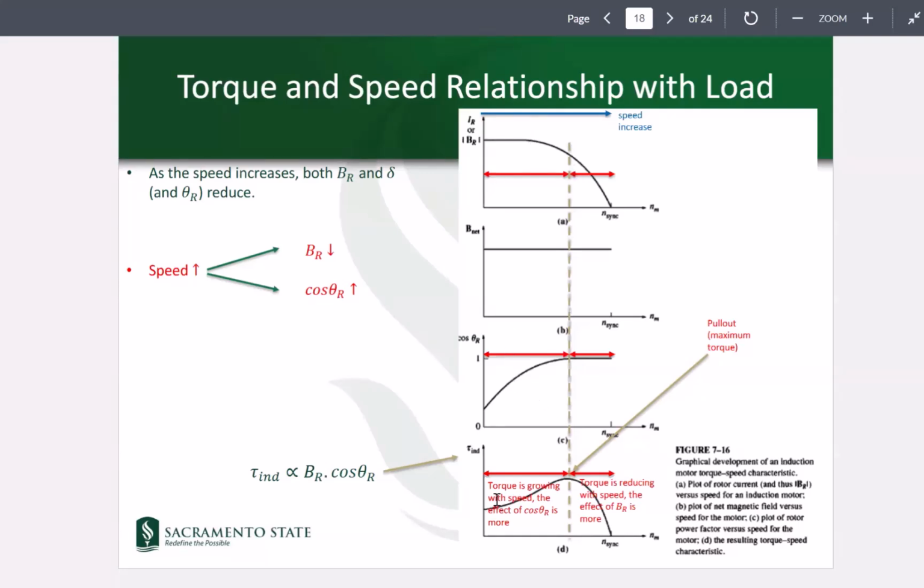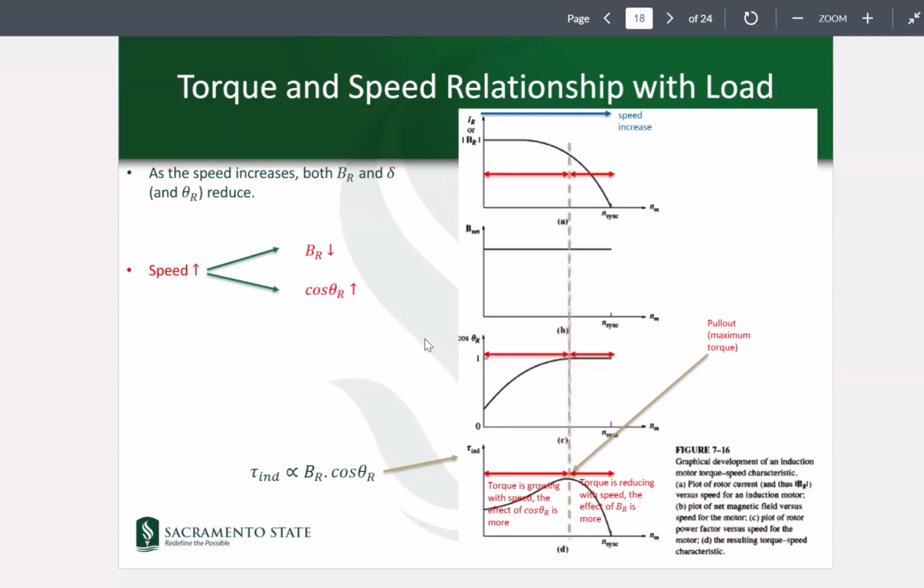So this is the determining factor, because you see that the tau is overall rising. In that declining portion of the torque, you see that torque is reducing, and for the most part, that's the BR that is the determining factor. Note that as the speed is increasing, BR is decreasing, cosine of theta R is increasing. Their product would be sometimes increasing, sometimes decreasing. In this first portion it is increasing because the tau is increasing. The second portion is decreasing because the tau is decreasing.